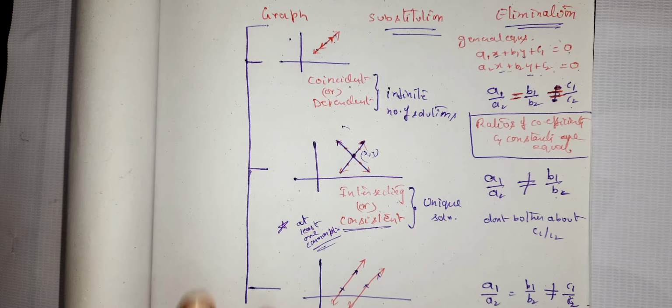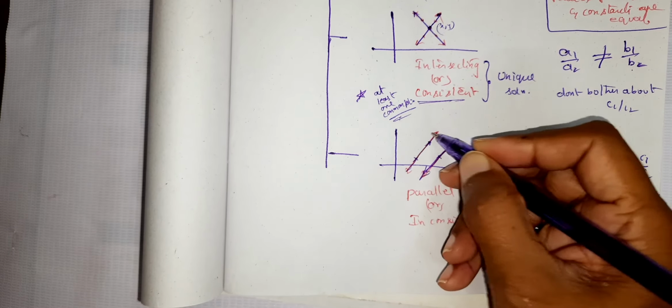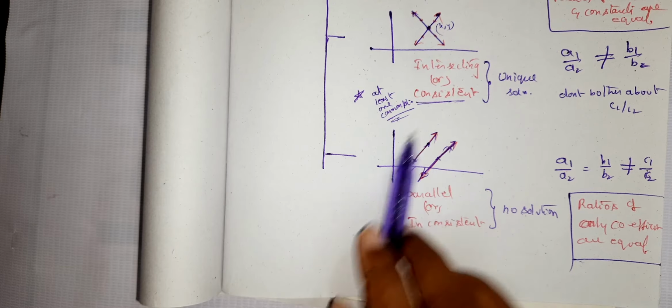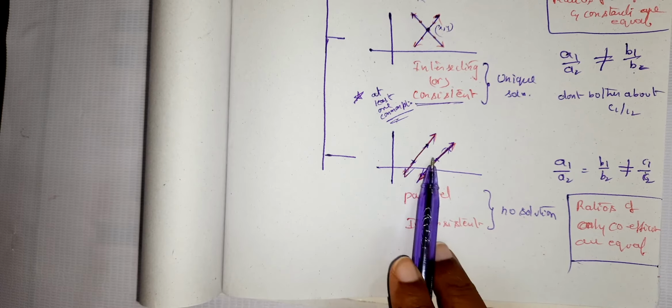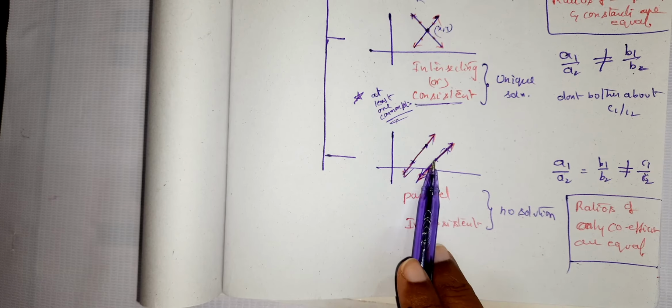The third kind of graph representing a pair of equations is two parallel lines. That means they are never intersecting. When they don't intersect, they don't have a common point as a solution to both equations.